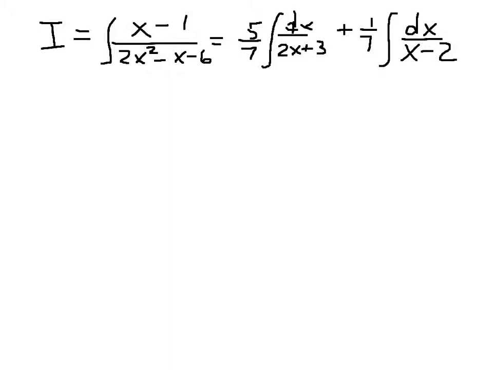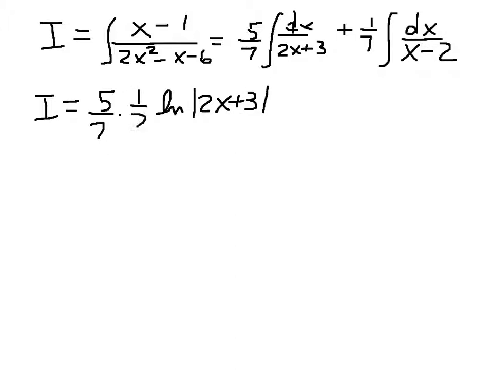Making these substitutions for A and B, we see that we can rewrite our original integral as two separate integrals, and each of them is pretty easy to integrate. And so our integral is equal to 5/7 times the ln of 2x plus 3, got to multiply by a 1/2, plus 1/7 times the ln of x minus 2 plus a constant.